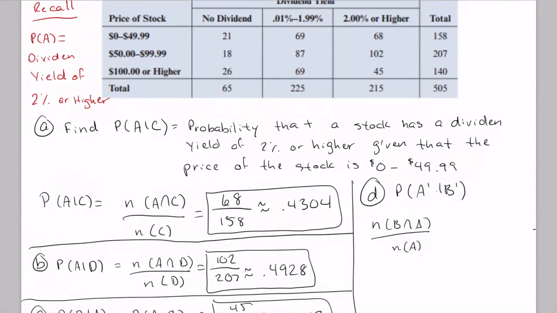So we have B. So we have 21 plus 69 plus 18 plus 87 over 158 plus 207. That's going to give me 195 over 365, which is approximately 0.5342.